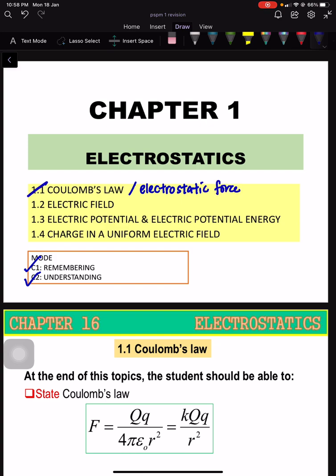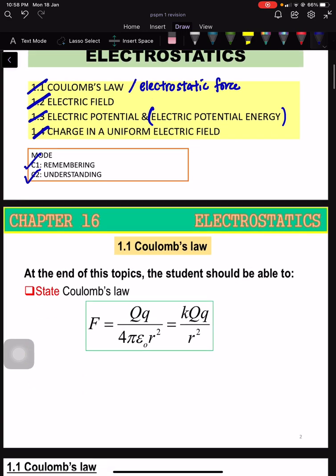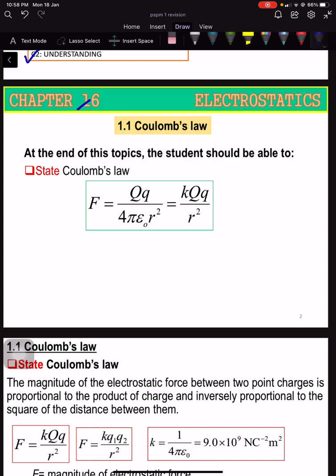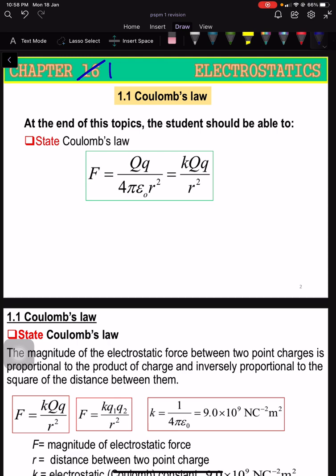Next is 1.2 electric field, 1.3 electric potential energy, and inside the electric potential energy you can also cover the electric potential. Then 1.4 is charge in a uniform electric field. So now we look at 1.1 Coulomb's law.